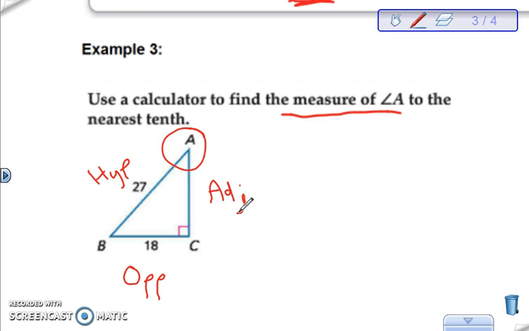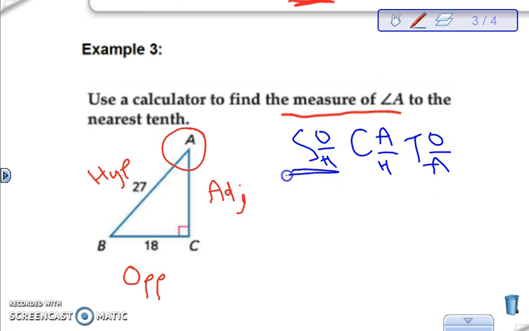So if I want to find A, and I am remembering my Sohcahtoa ratios, my acronym, I need to figure out which trig ratio I can use to find A. So if I look at what's filled in, I have my opposite leg and my hypotenuse filled in. Sine uses both the opposite leg and the hypotenuse.